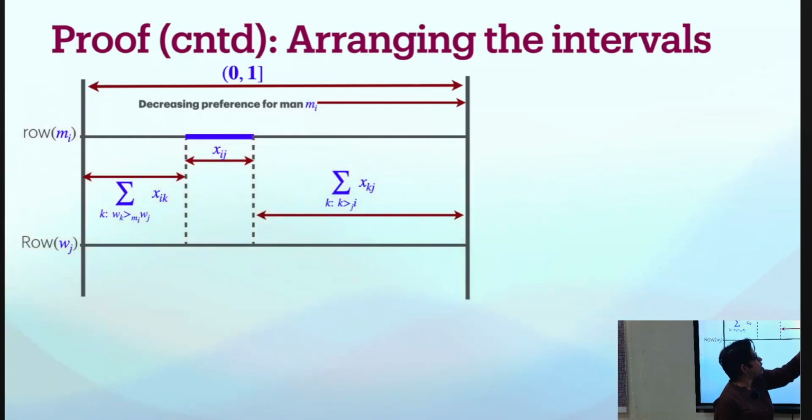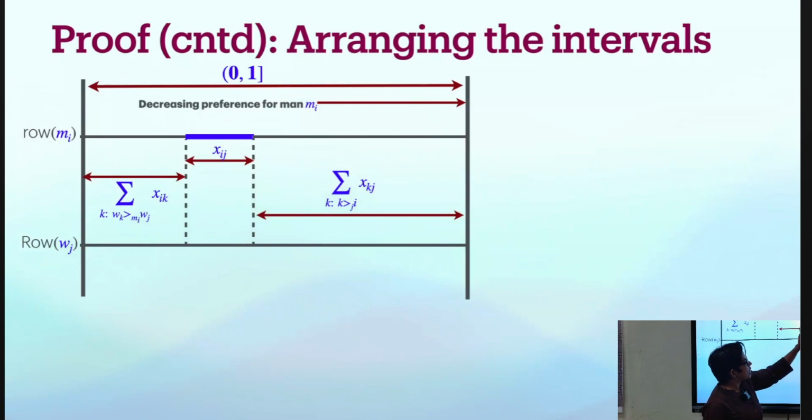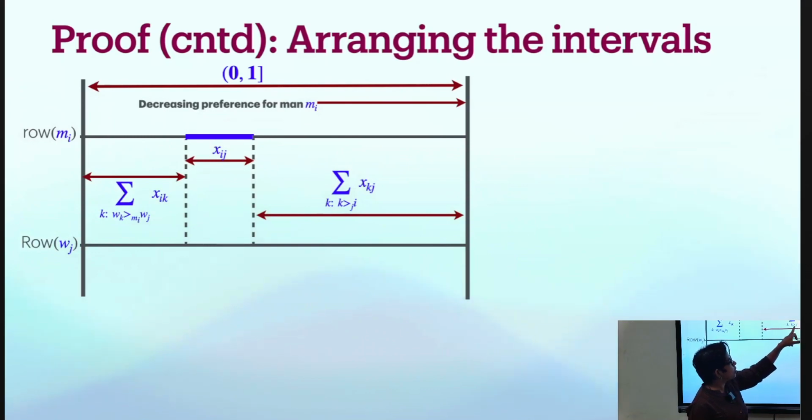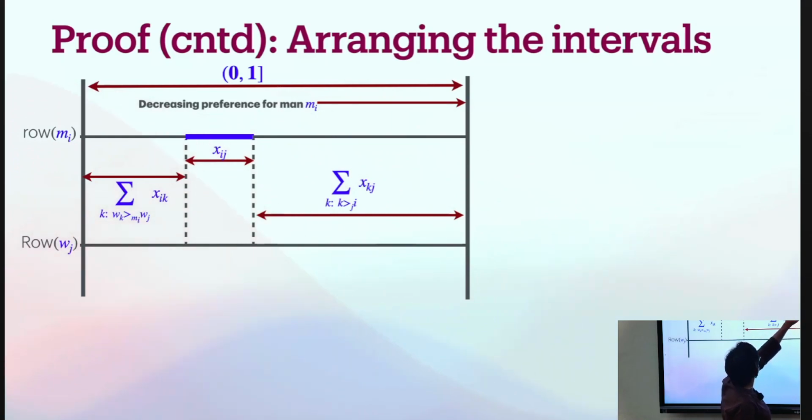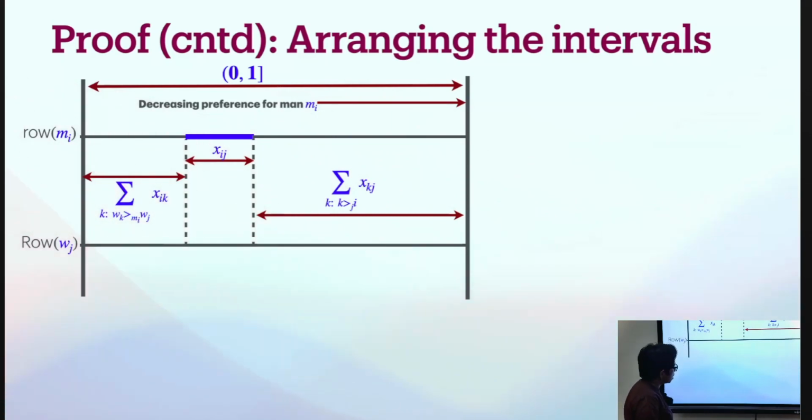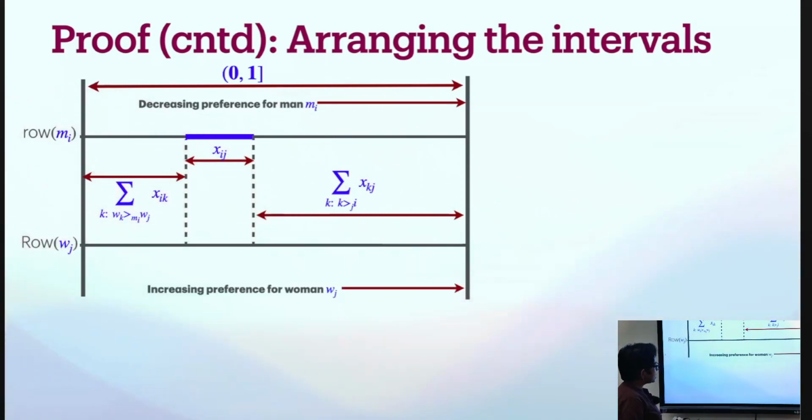And on this side you have the summation of those x values corresponding to all the women who are preferred less than j. Okay, from the man's perspective, these are the women he likes more than j, and these are the women he likes less than j. Now, I do the same thing from the women's side.